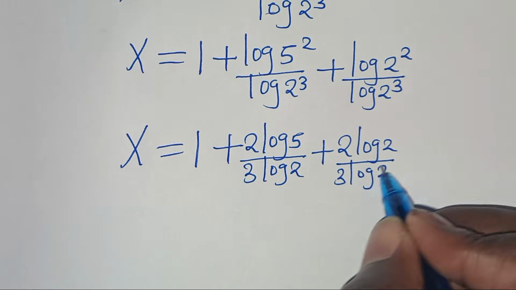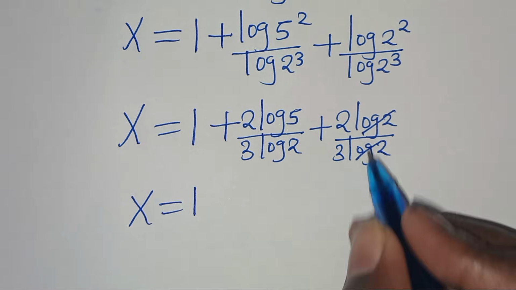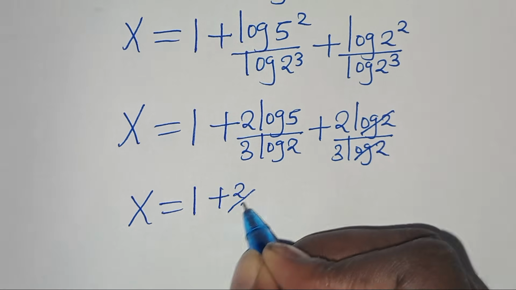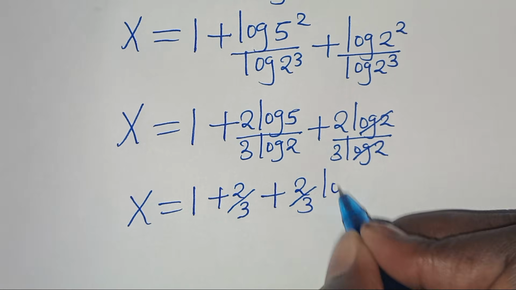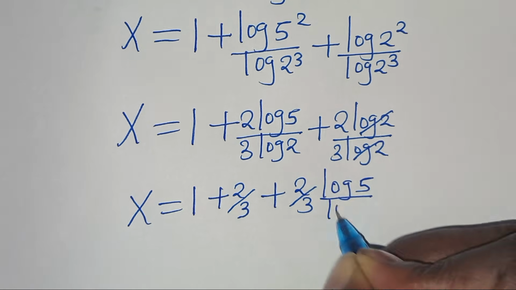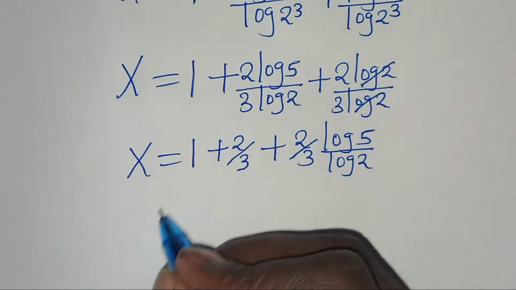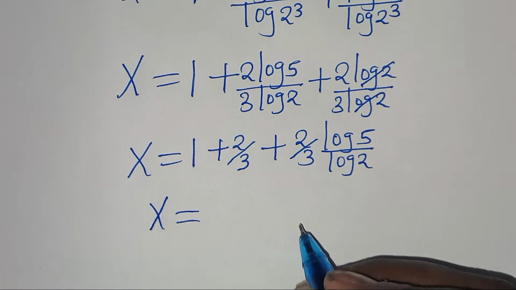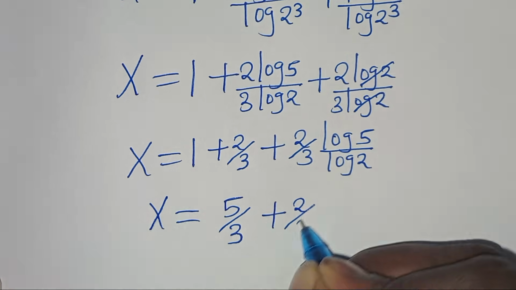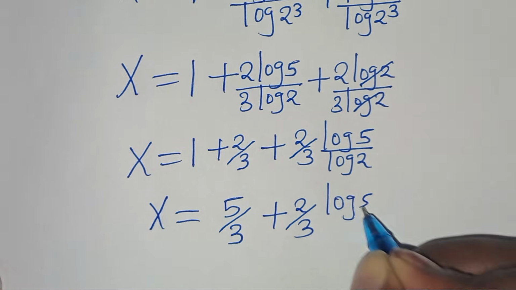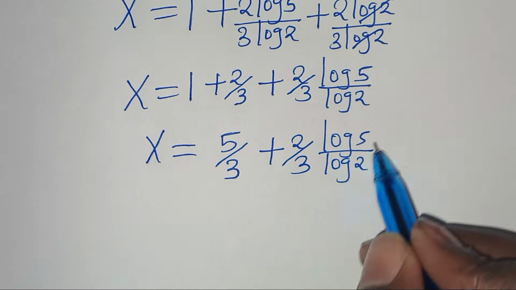Now we can simplify log 2 and log 2, so that x is equal to 1 plus 2 over 3, plus 2 over 3 times log 5 divided by log 2. So we have x equal to 5 over 3 plus 2 over 3 times log 5 over log 2.